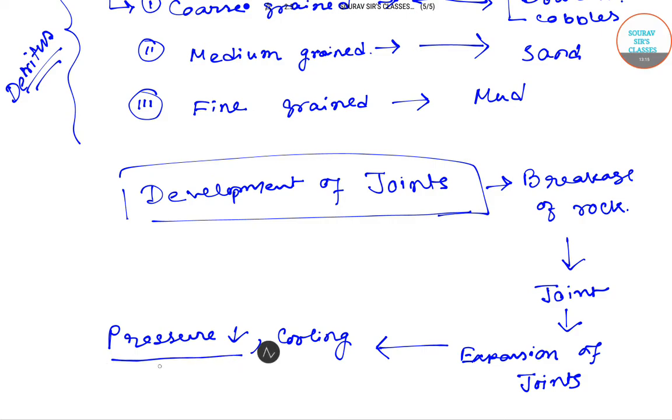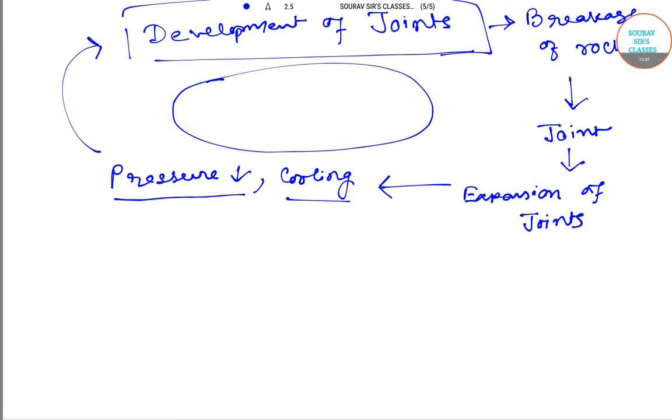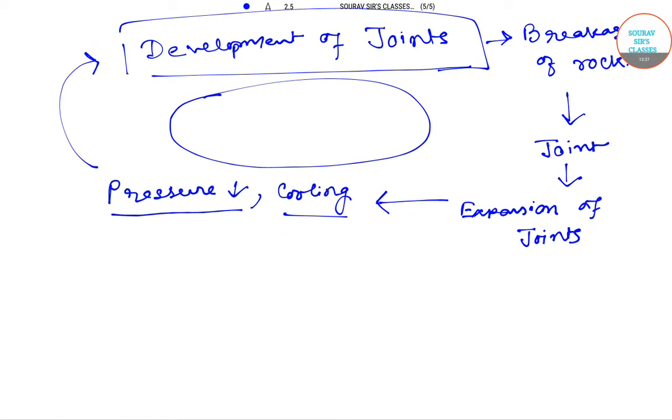If there is a change of pressure, that is normally the low pressure and the cooling, so that may also result in the development of joints. So see, this is like a circle. So this is how the rock is fragmented or the joint developed.